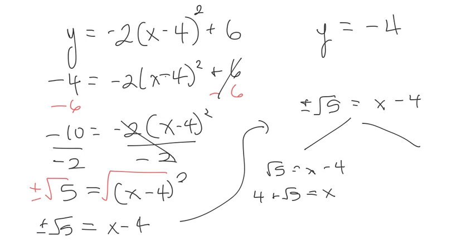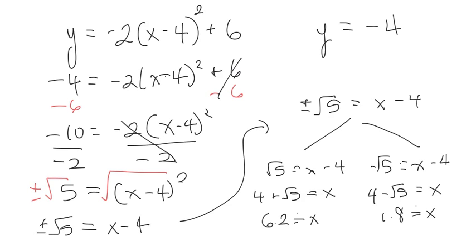Since I've already said root 5 is about 2.2, this gives me around 6.2. The other possibility is if I go through with negative root 5. In that case, I get 4 minus root 5 equals x. And again, if root 5 is around 2.2, this is approximately 1.8. So those are my values, 6.2 and 1.8.